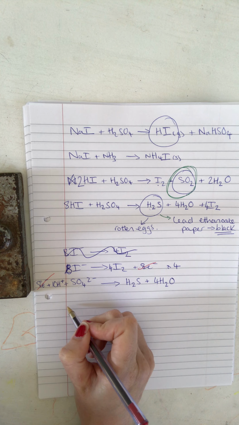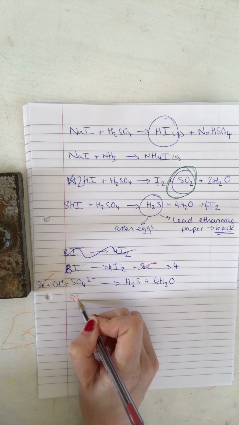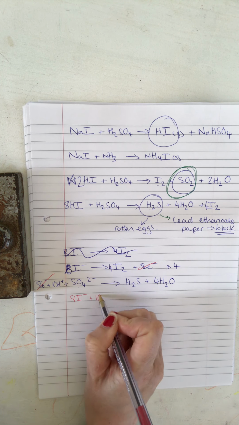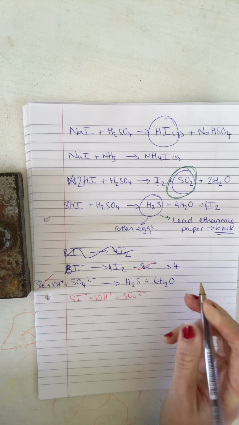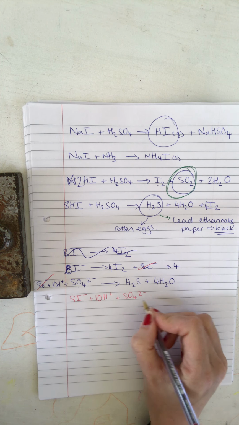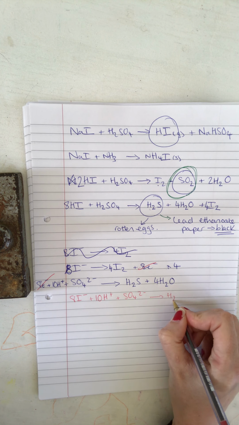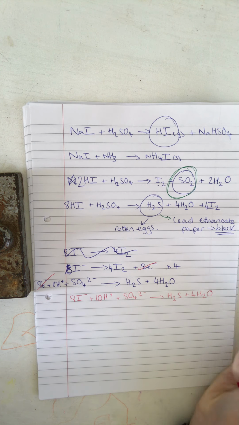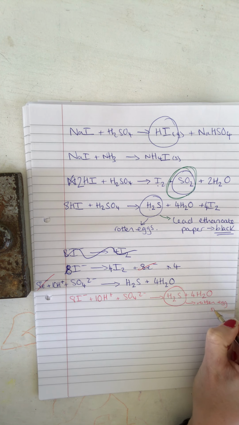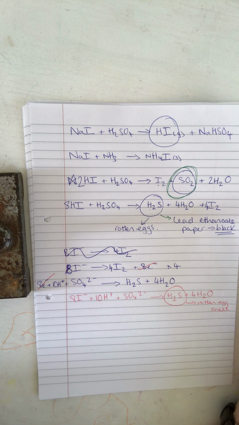That gives us our combined equation of 8I minus plus 10H plus plus SO4 2 minus gives H2S plus 4H2O. That has a rotten egg smell, as we've already said, and it will turn lead ethanoate paper black.